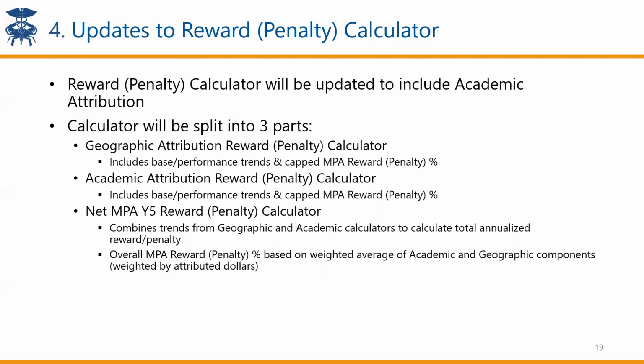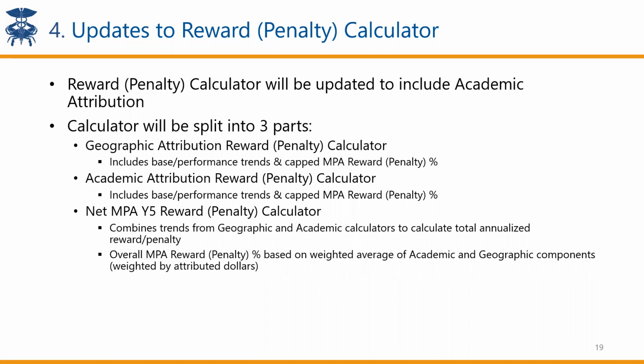The last major change that we made to these dashboards was to the reward penalty calculator. So not only has the reward penalty calculator been updated to support the geographic approach, but in the July release, not what was released today, but what will be updated next month, will include the academic attribution tabs.